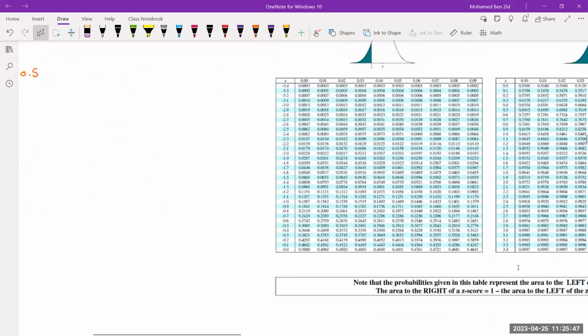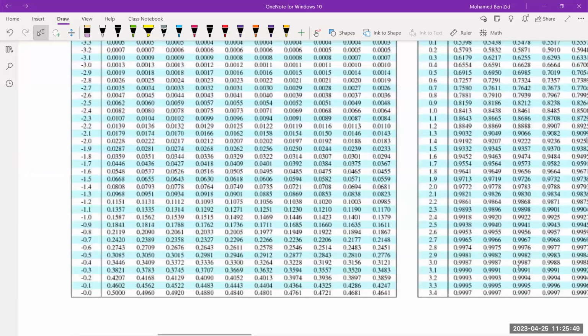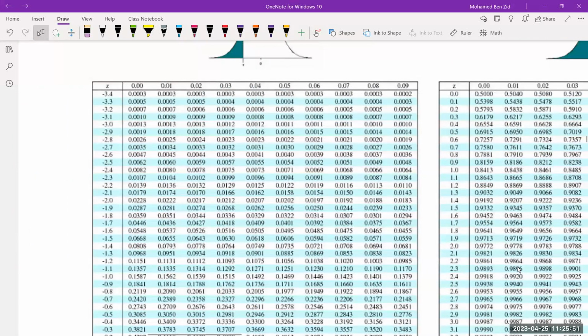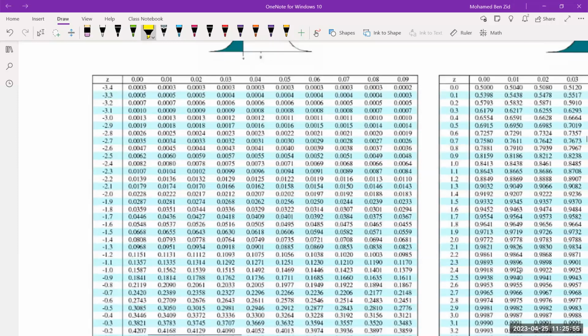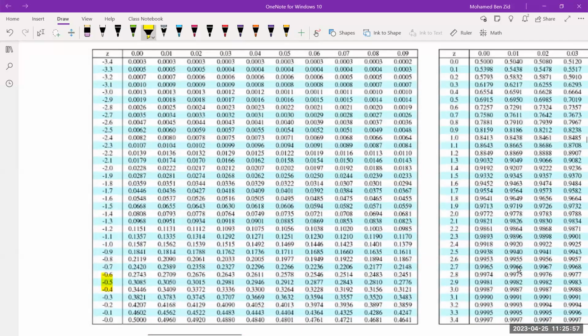So I'm going to read it on the small tail: 0.52. So 0.5 and 2 is going to be this value here, 0.3015.